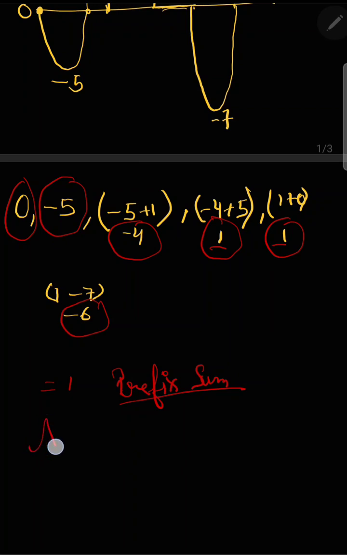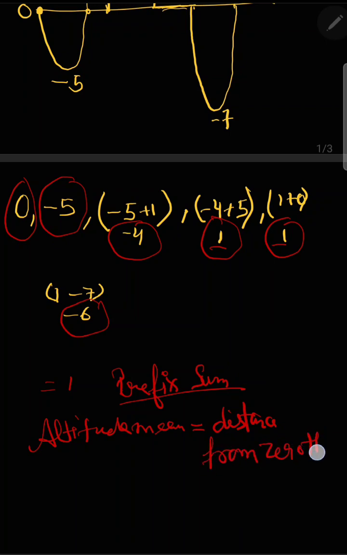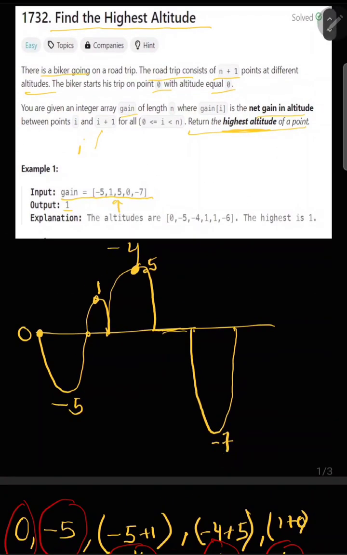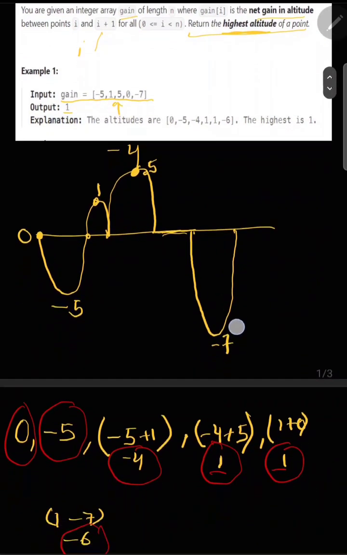Altitude means distance from the zeroth level, which is given as a gain array, and we need to find the elevation of every point from the previous one. How much is the point elevated? It can be positive, it can be negative. Okay, so we are switching to the code now.